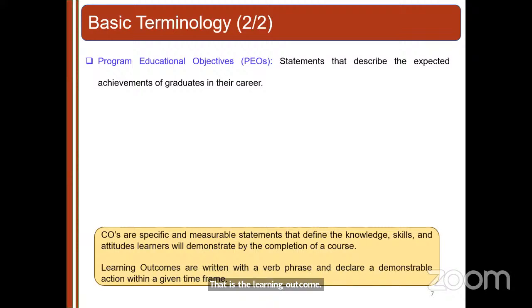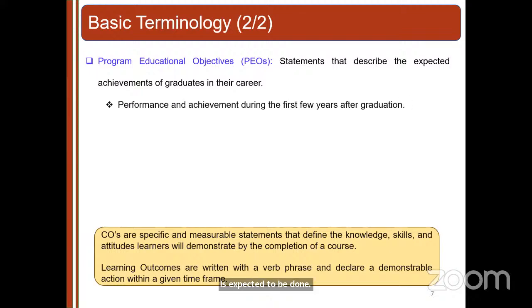So the next after COs and POs is the program educational objectives, which are also statements that describe what this learner, having satisfied several course outcomes and attained several COs, will do now that he or she has graduated, and what is expected to be done after graduation in their career.